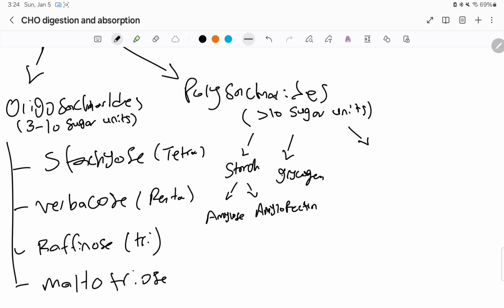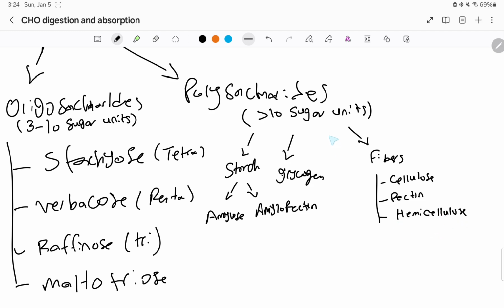So you can go into fibers, and you can start talking about glycosaminoglycans. You can split fibers again into things like cellulose, pectin, and hemicellulose. Obviously, these are different types of fibers. You can have insoluble and soluble fibers. Hemicellulose, more often than not, is an insoluble fiber.